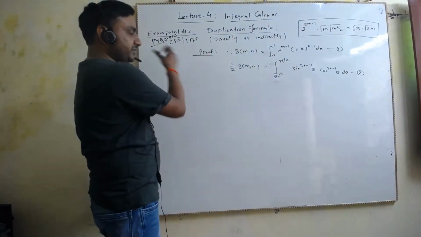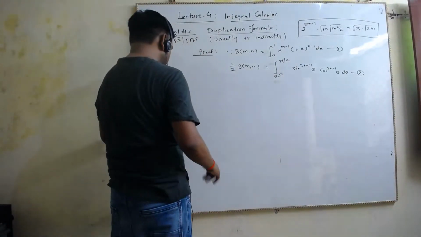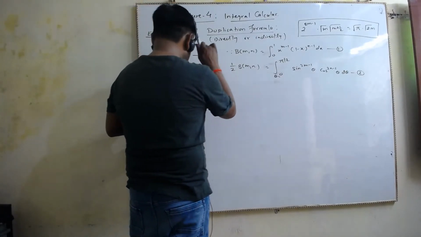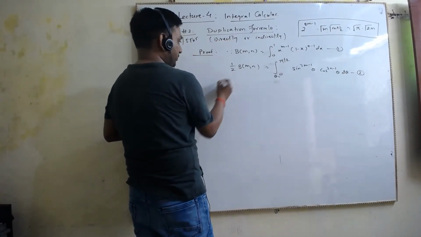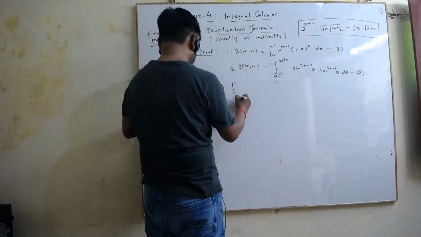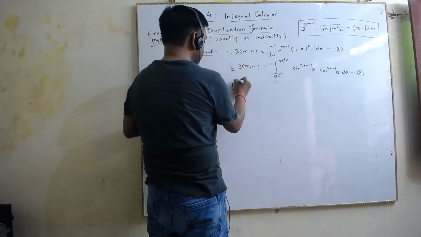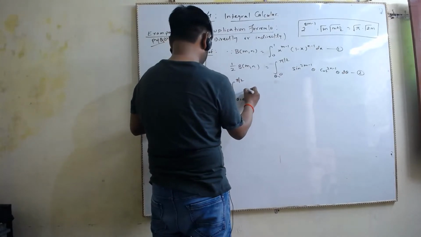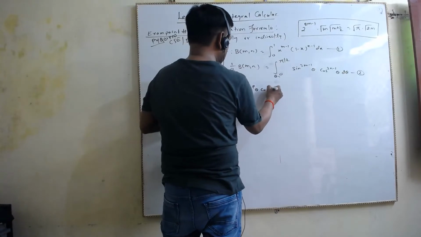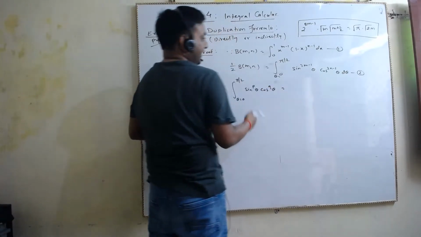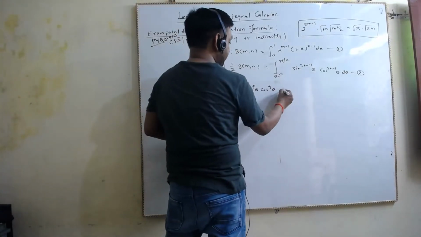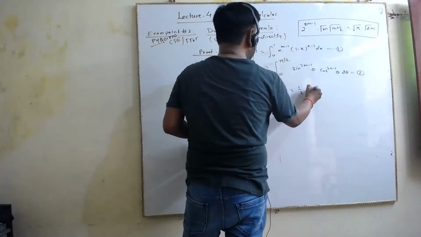So by using this stuff we will try to prove the duplication formula. So what we can have from here, so this implies if I use the same relation, we can have theta equals 0 to pi by 2 sin का पावर p theta cos का पावर q theta, as like sin m theta, n theta, right? So if I write that as this, so this will be 1 upon beta.